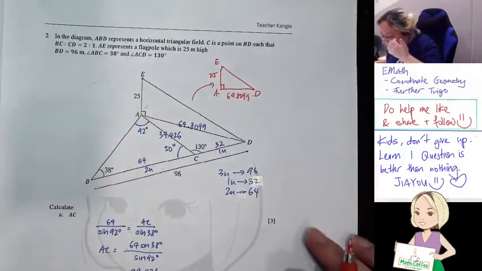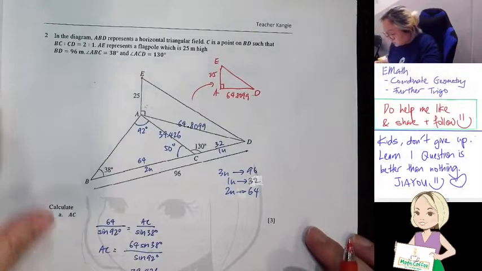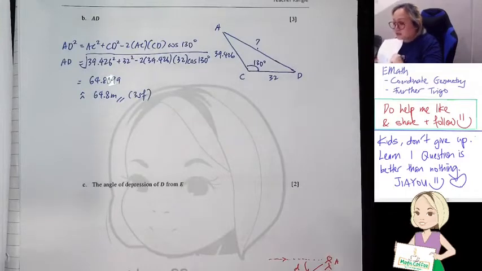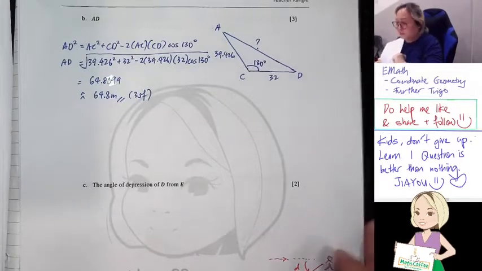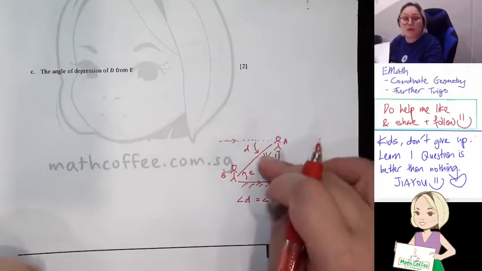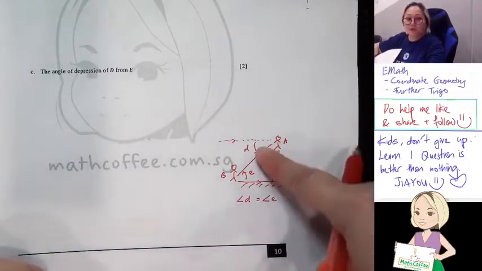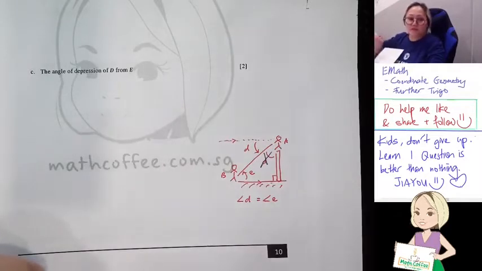If D is inside, then it's not equal to E. The thing is, D is definitely not inside, because depression is eye level looking downwards. So this is depression. Depression and elevation are definitely the same, as long as we are talking about the same triangle. Understand?